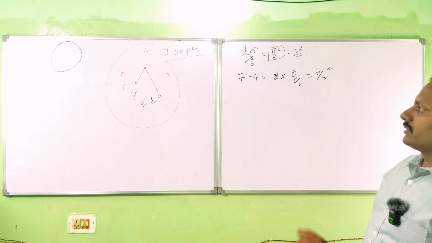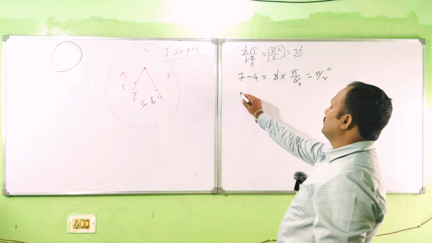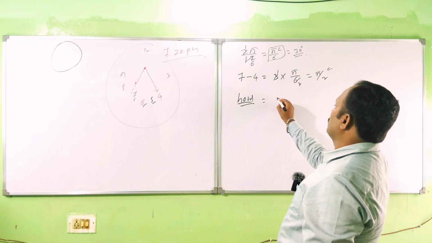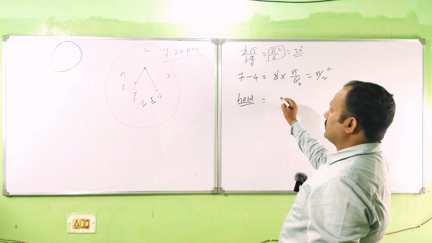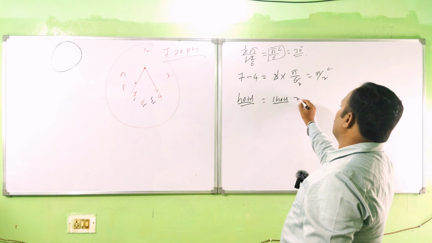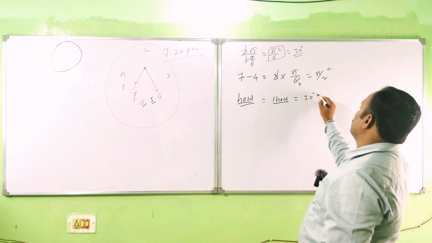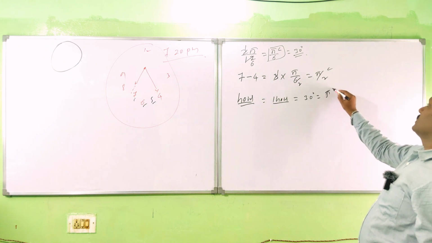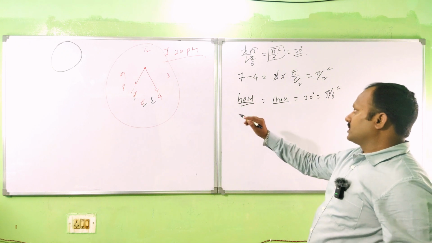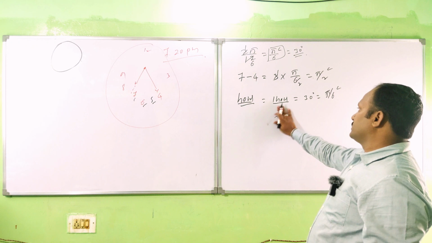Then it covers 20 minutes later. Take the hour hand. It takes 30 degrees, meaning pi by 6 radians, to move one division in 1 hour. So you have 20 extra minutes.